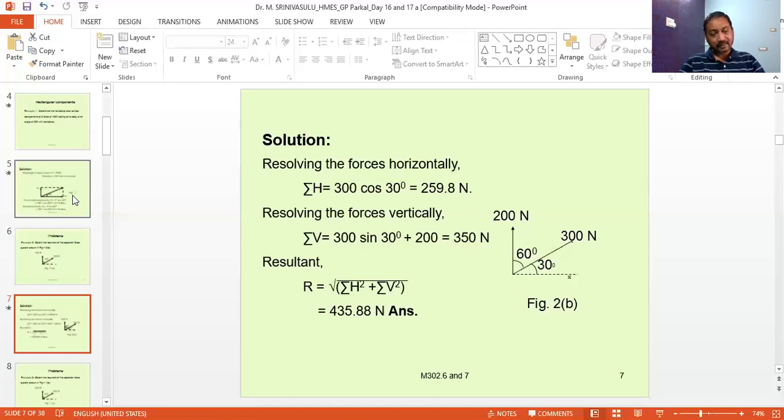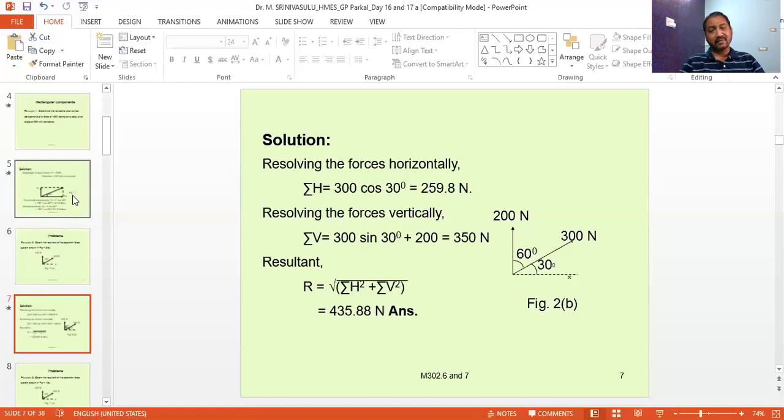So its magnitude is 200. So sigma v becomes 300 into sin 30 plus 200, that is equal to 350 newtons.